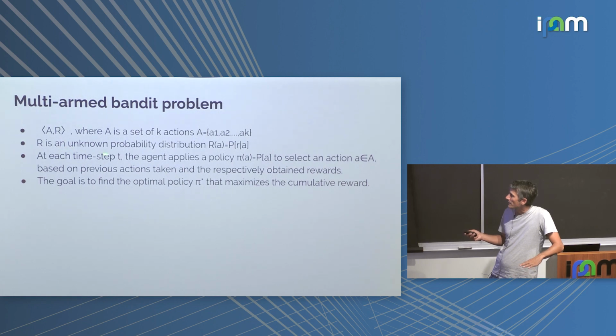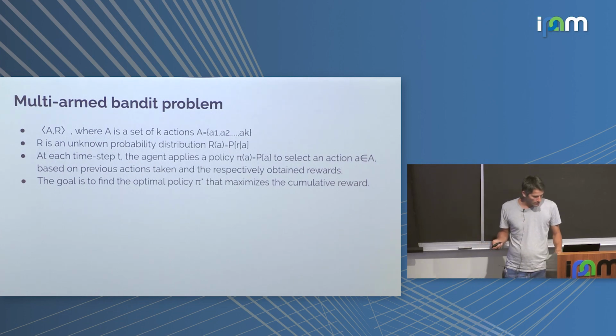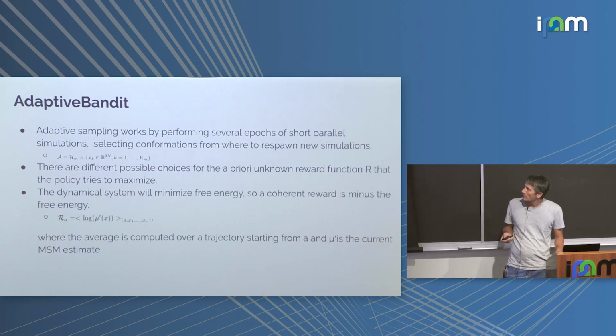The R is the unknown probability distributions of the rewards, and then at each time step the agent applies a policy given the actions. There is no state, so the policy only depends on the actions, which come from a probability. And the goal is to find the optimal policy that maximizes the cumulative reward. So this is the definition of the multi-arm bandit.